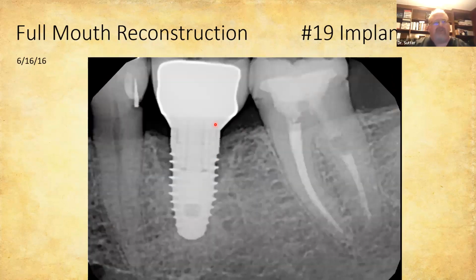So in 4 short years, our height of bone comes down to about right here. Okay, and I'm sure everybody on the webinar can see that. So my hygienist, who's very astute, says, hey, we need to T-scan her. I think we have an overloaded implant.